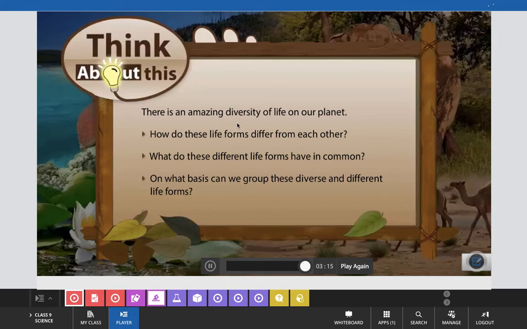These are the basic questions for the answer of which we are talking about in this chapter, in this unit, diversity of the living world, and in the chapter that we have taken in 11th standard, that is Animalia Kingdom.